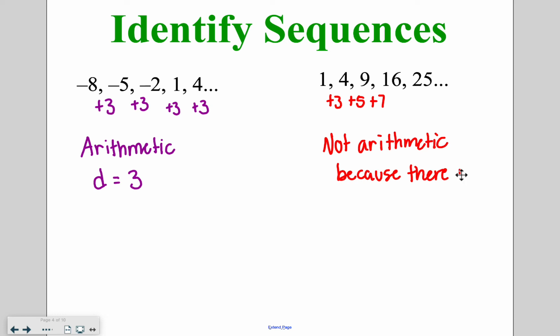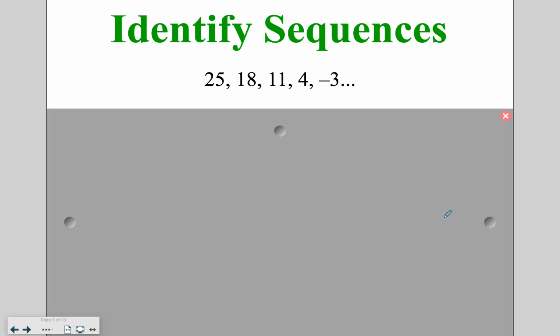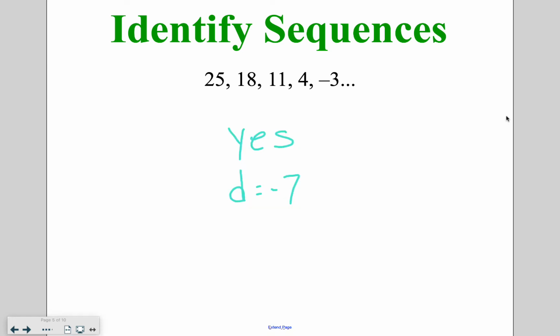So if it is not an arithmetic sequence, we need to write out the fact that there is no common difference. That is what makes it non-arithmetic. Go ahead and try this one on your own. In this case, your sequence is arithmetic, and you are subtracting by a common difference of 7 every time.